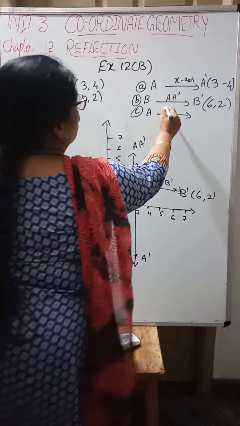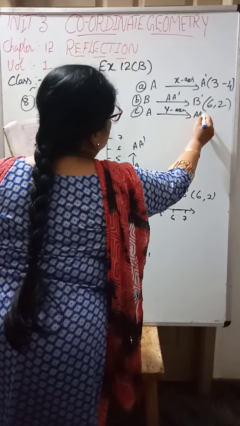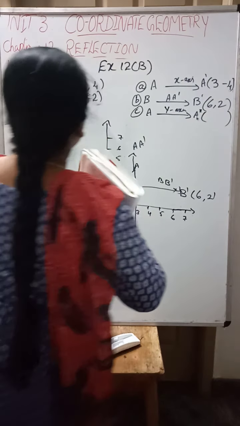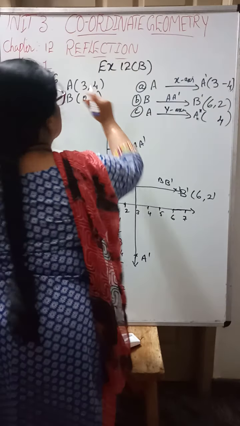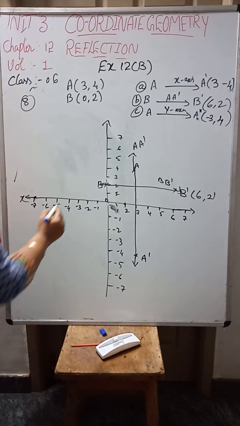We should get A double dash. A double dash under the reflection in y-axis means y has to remain same and x has to be changed. That is (-3, 4).